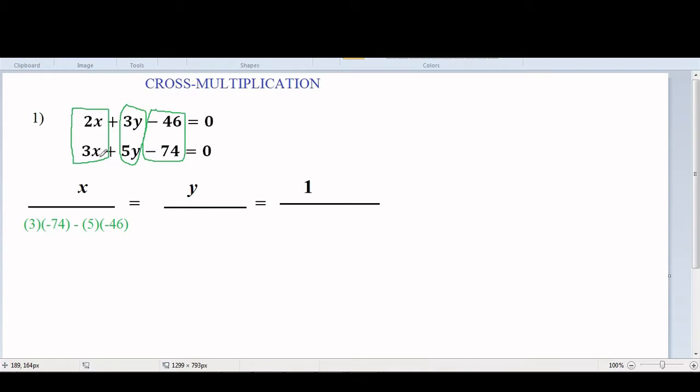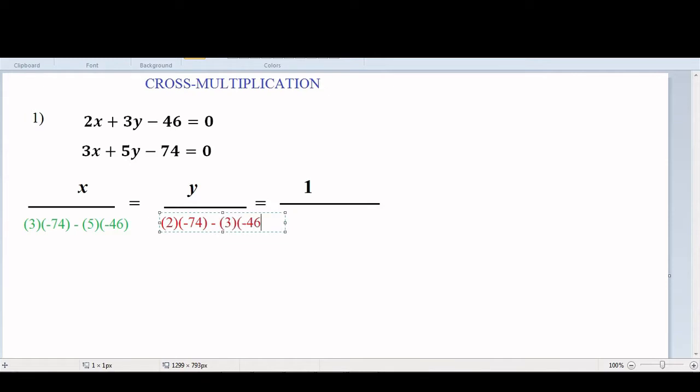For x we followed one order, but in case of y we just have to reverse the order of multiplication. 3 will be first multiplied with minus 46 and then 2 will be multiplied with minus 74, just like this. Between them just give a minus sign.